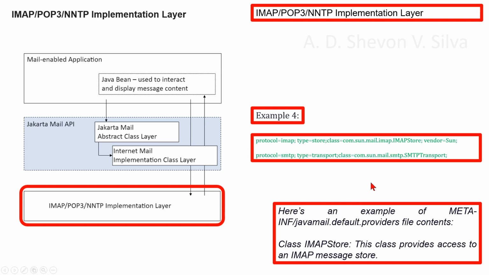As an example 4, we can consider this one. Here is an example of META-INF/javamail.default.providers file contents. javamail.providers and javamail.default.providers resource files specify the stores and transports that are available on the system, allowing an application to discover what store and transport implementations are available.